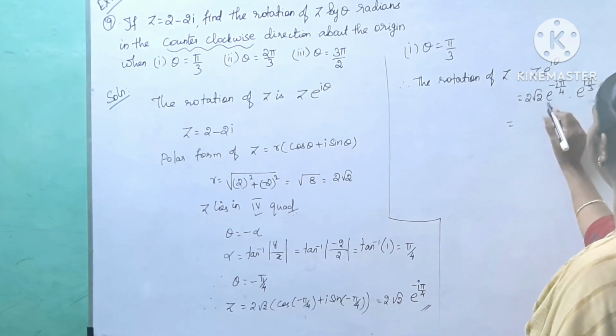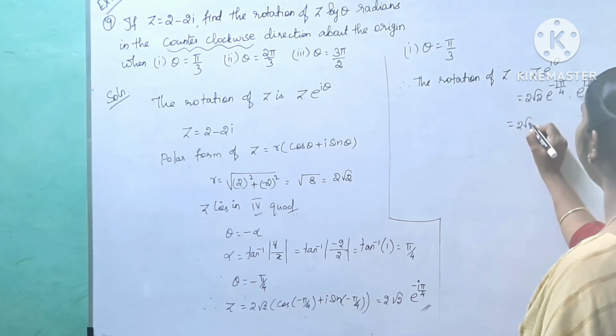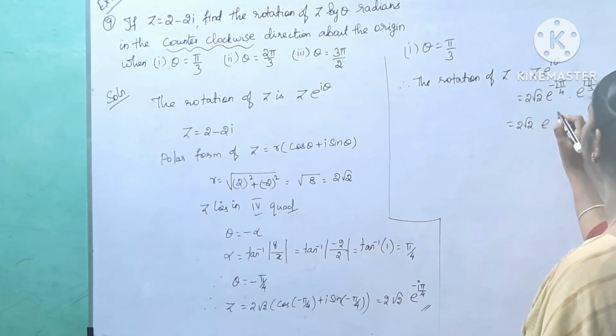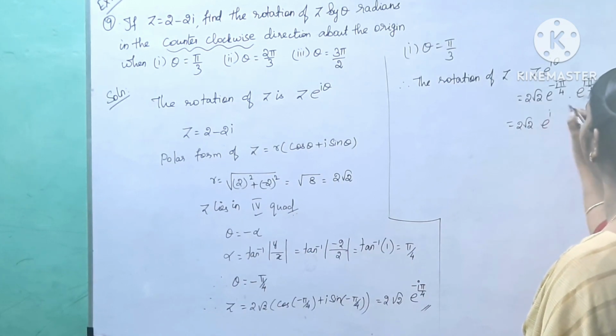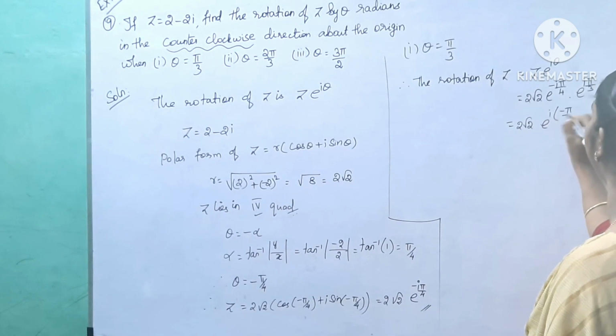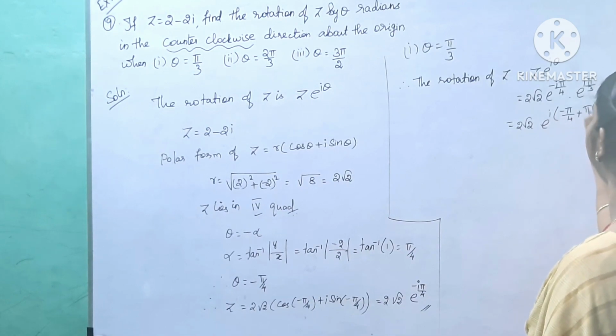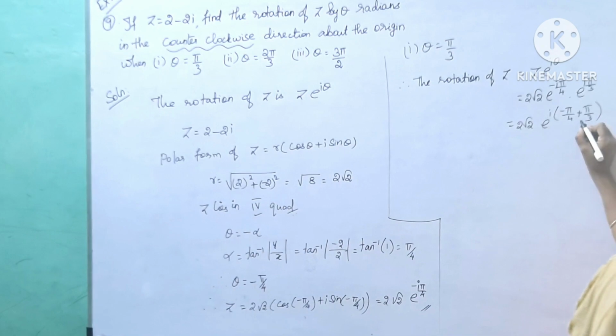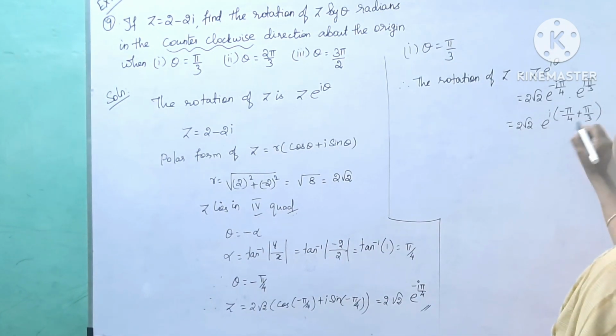Since there is e power, when we are multiplying we can add the powers. Taking e power i common, we get minus pi by 4 plus pi by 3. So cross multiplying, we can take the LCM.